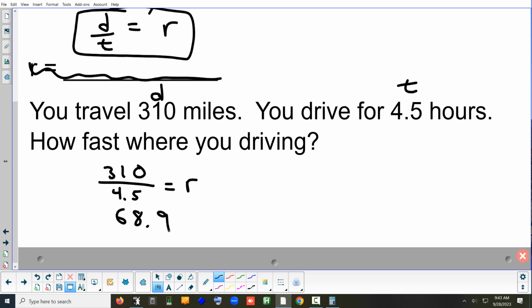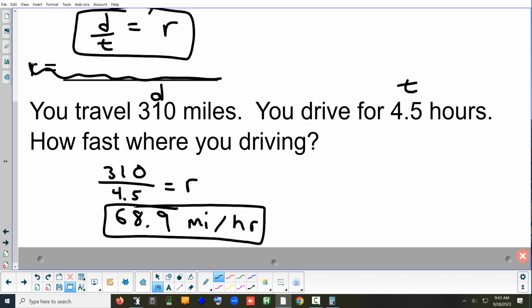And now we need a label on it. Think of speed in your car. What was the label? Miles per hour. So 68.9 miles per hour.